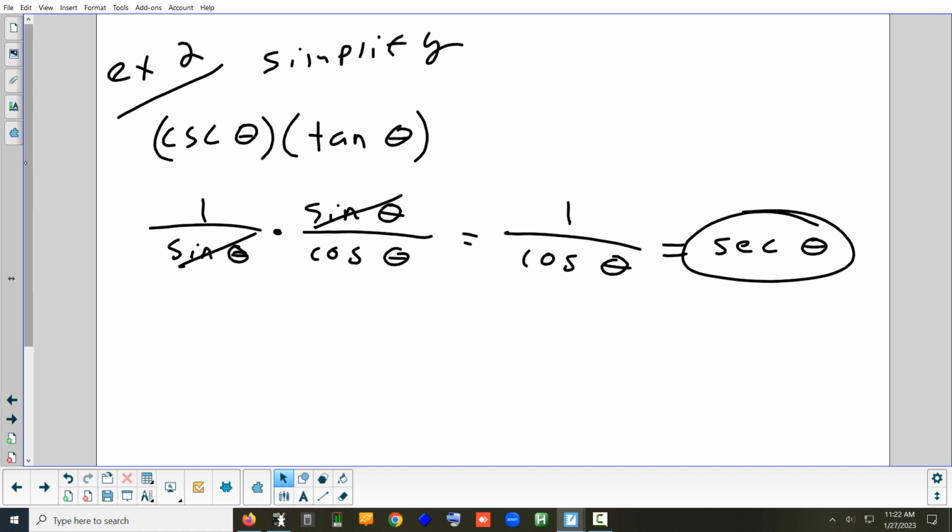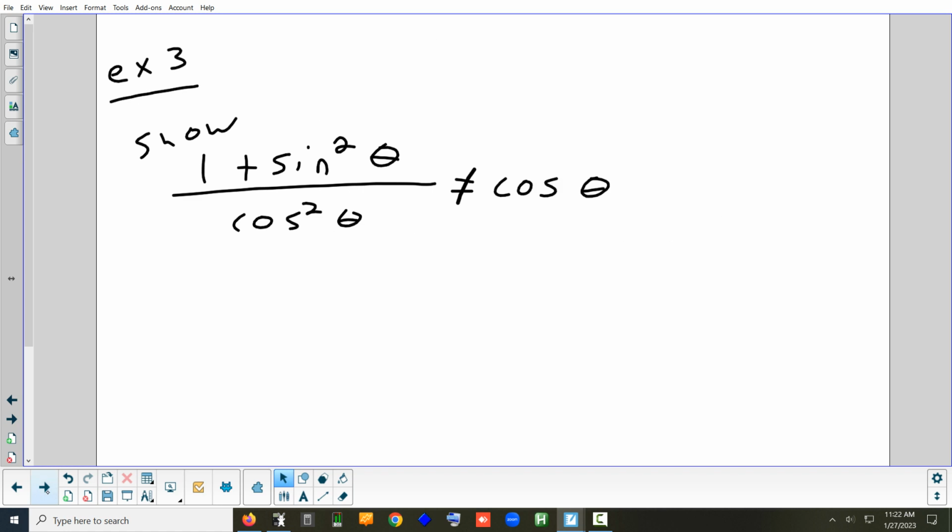So in the first two examples, we were simplifying an identity. Hopefully one of the trig functions disappears and it gets simpler than what you started with. This one's a little different. This one says show that this is not equal to that.